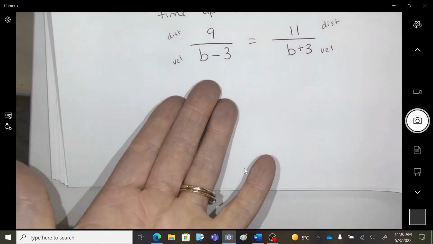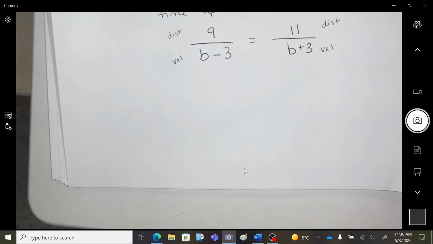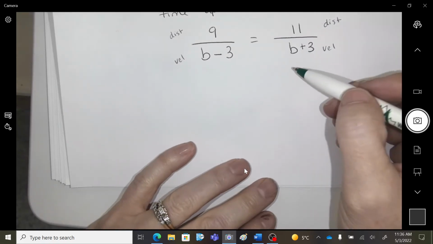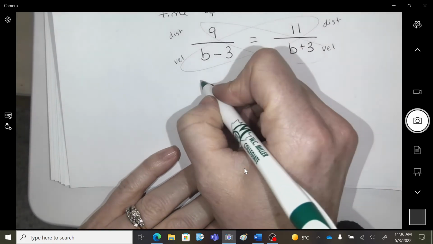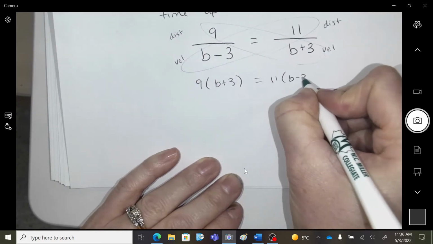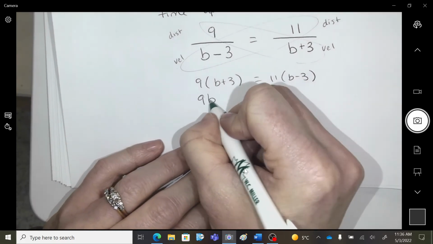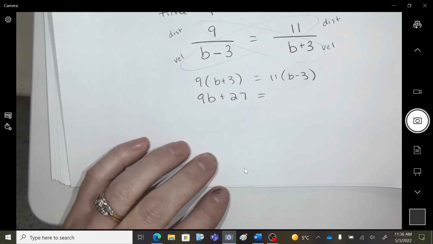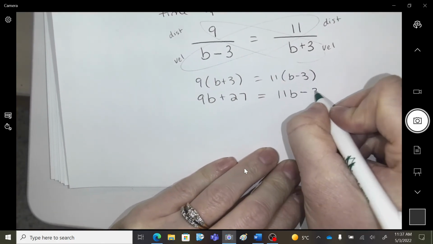What do you want to do with this? How do you solve this? Cross multiply or common denominator? So this would be a cross multiply. So 9b plus 27. And then the other side should be 11b minus 33.